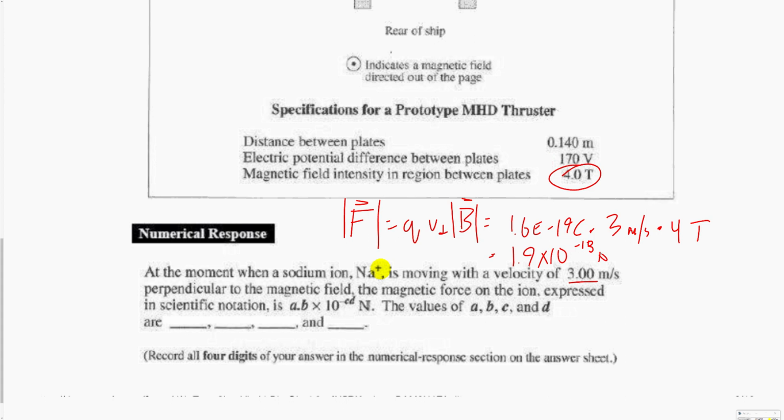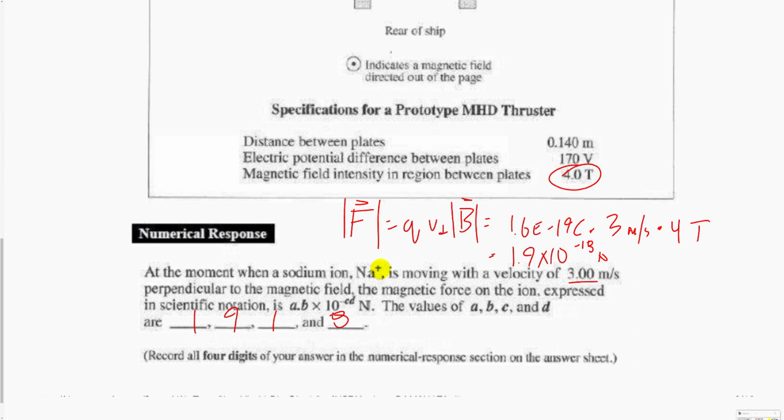Hey, why do I feel so good about that value? 1.9 times 10 to the negative 18. If you would have asked me before I read this question, what do you think the force is going to be on a sodium ion in an electric field? I'd be like, I've got no idea what value it should be. So why, when I have no idea what the value should be, do I feel pretty good about what I just got?